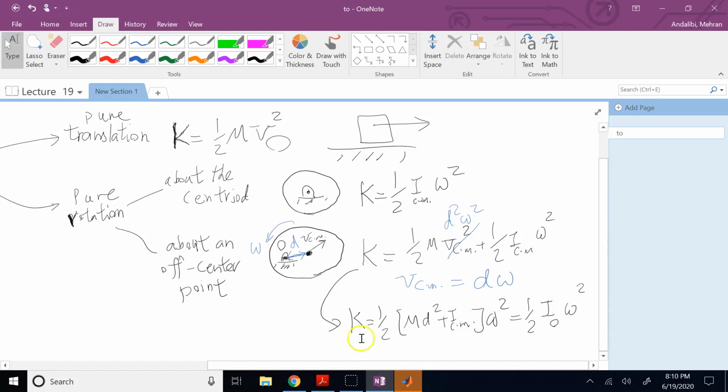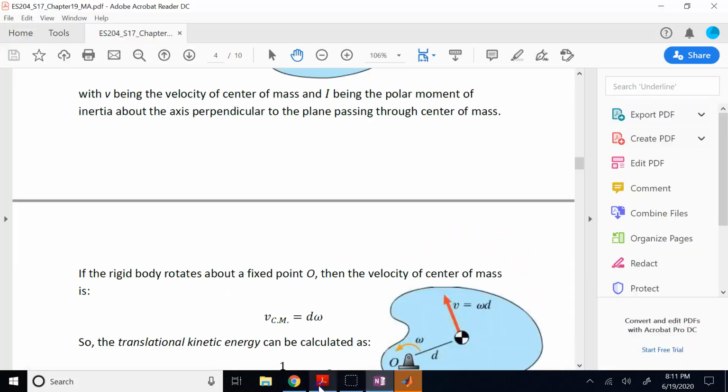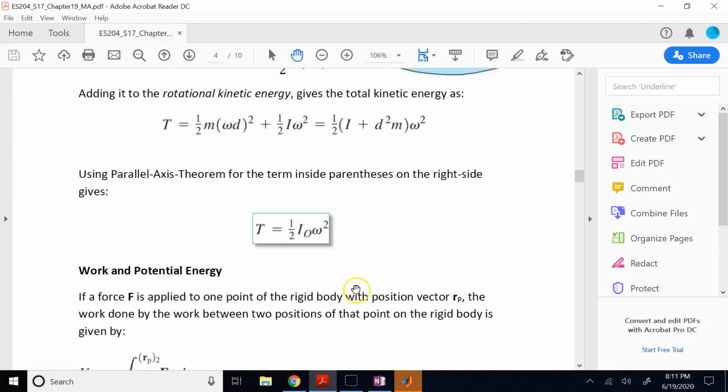So if you're rotating about a fixed point which is off center, since the object has pure rotation about that point, you can say that the only kinetic energy I have is a rotational kinetic energy, but the reference for calculating the moment of inertia is also that fixed point, not the centroid. So you can do that, and this is what I mentioned here in the lecture.